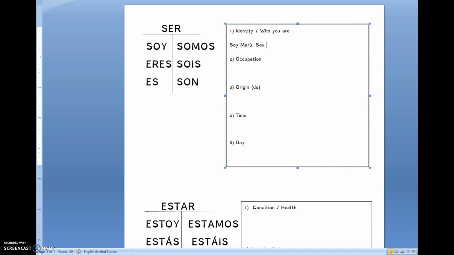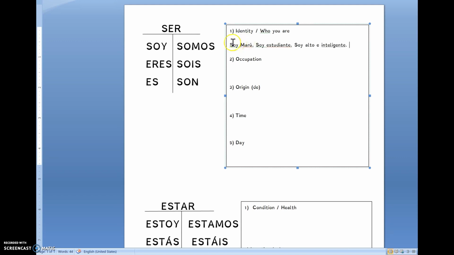Soy estudiante. Okay. I am Maru. I am a student. It can also be for characteristics, which we're going to pick up in the next lesson. Soy alto. Soy alto e inteligente.